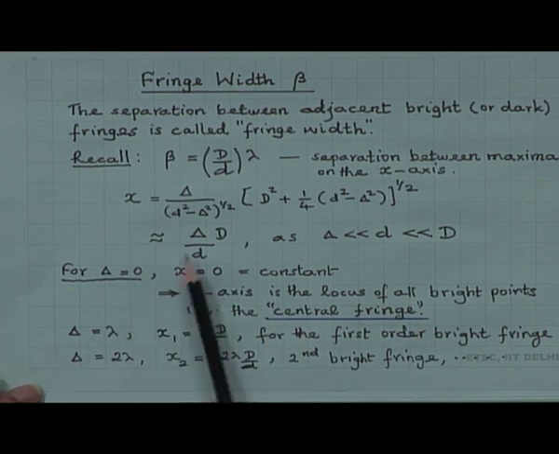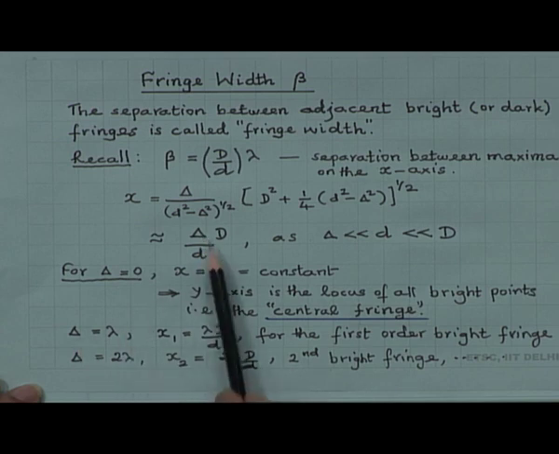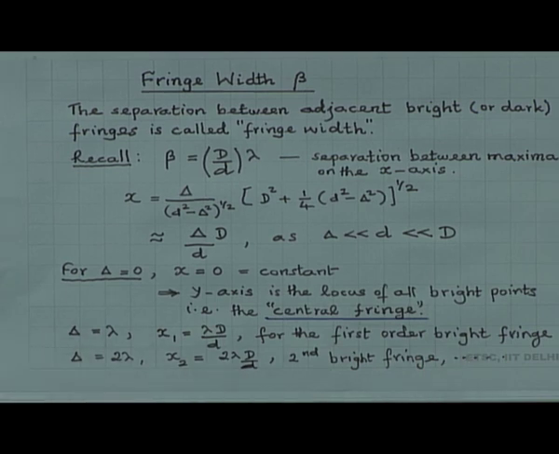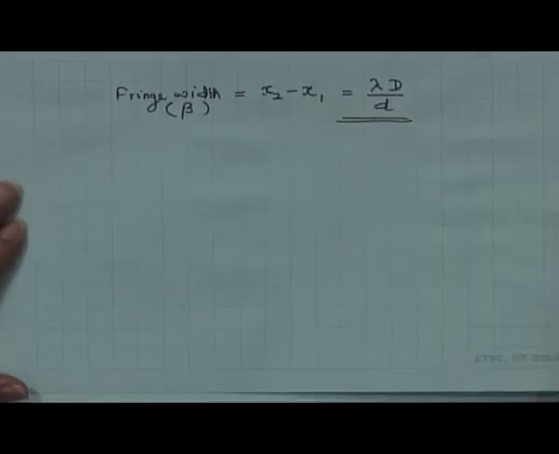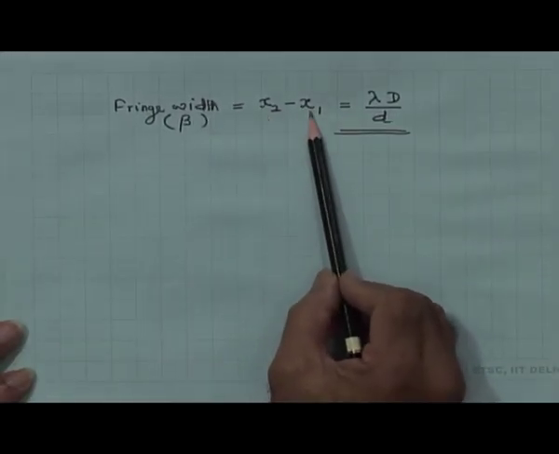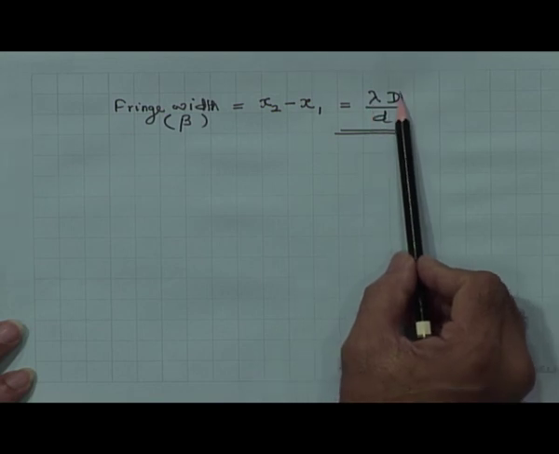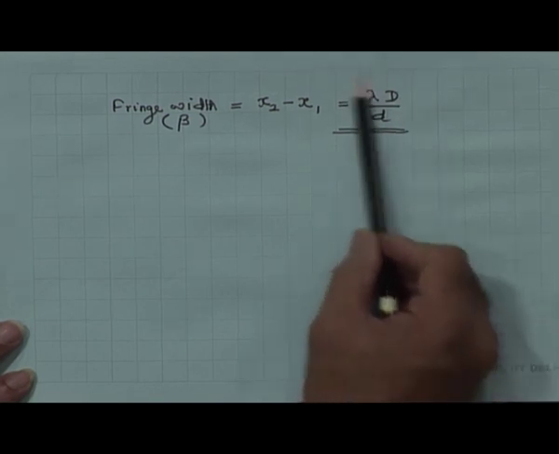If delta is equal to lambda, substituting this, we get x1, the position of the next bright fringe, as lambda into D by d. If delta is equal to 2 lambda, path difference equal to n times lambda, we get the position x2 equal to 2 lambda into D by d, the second bright fringe, and therefore the fringe width is given by x2 minus x1, which is equal to lambda into D by d, as before.